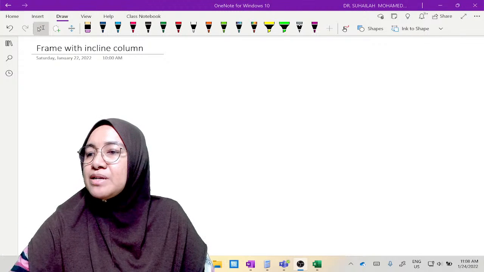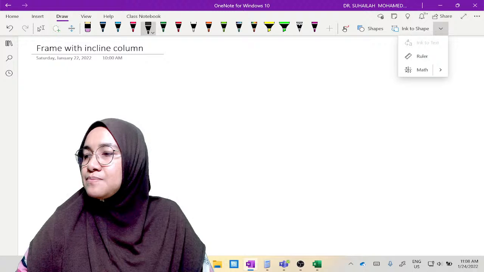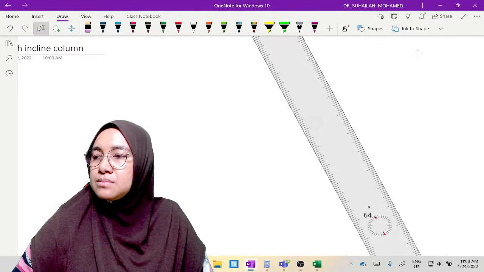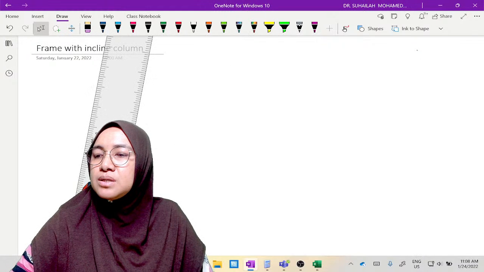In the previous frame that we have analyzed, we have the frame like this. We have straight columns.